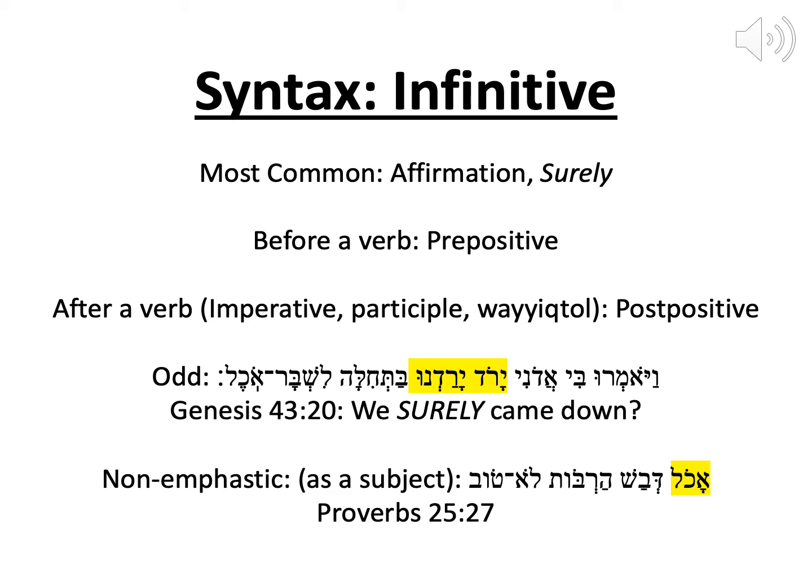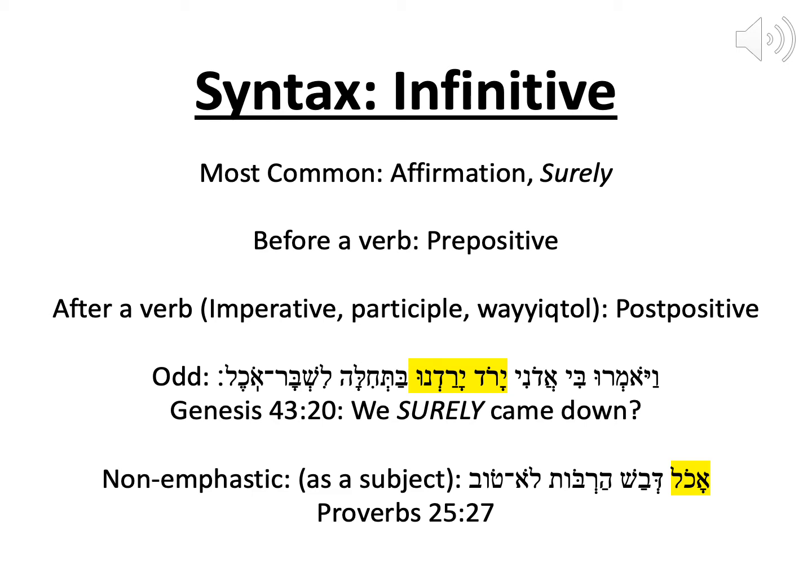However, as we examine the Hebrew text, we realize there are a couple places where the infinitive absolute is used in a non-emphatic way. For instance, in Genesis chapter 43, verse 20, it becomes very odd if we only consider an emphatic use of the verb.